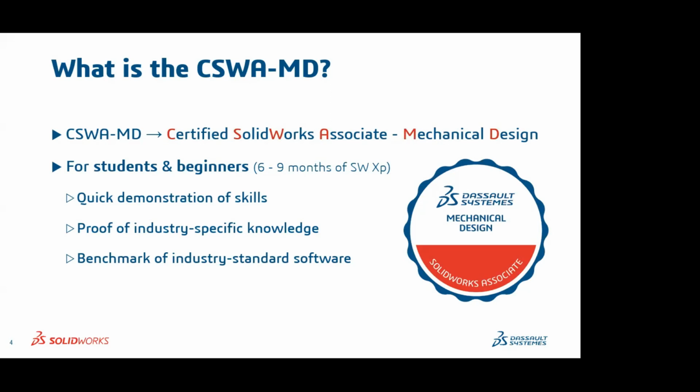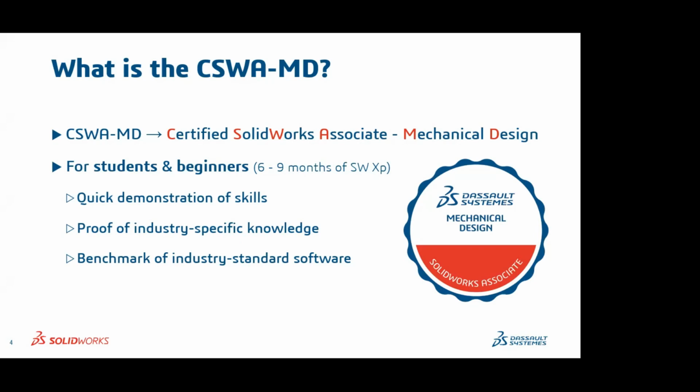So you get to know the level, and the topic or the scope of that exam is mechanical design, because there are also multiple other exams in simulation and other areas as well. So as I said, we've got additive manufacturing, another topic is electrical design, and so on. So when we just say CSWA, we mainly refer to the CSWA mechanical design exam.